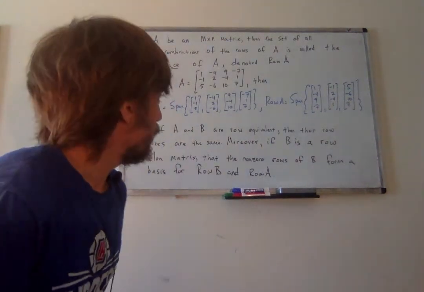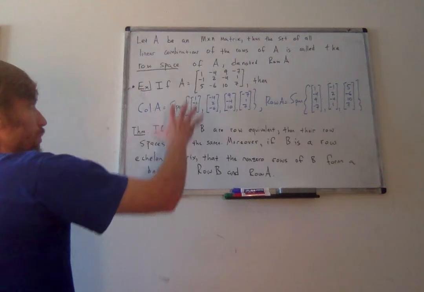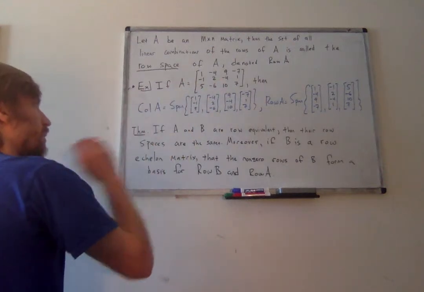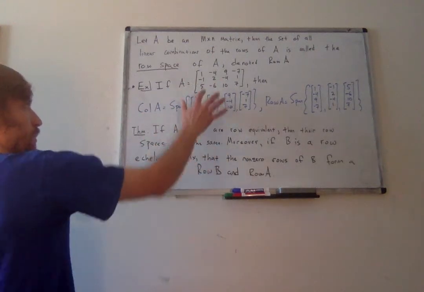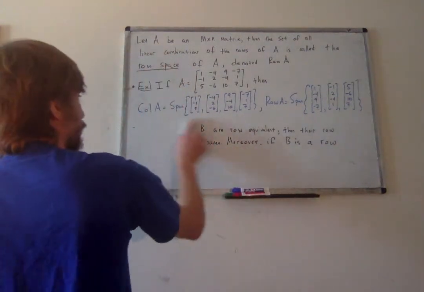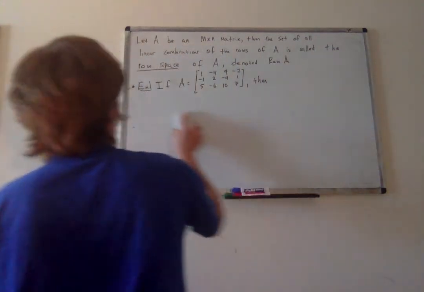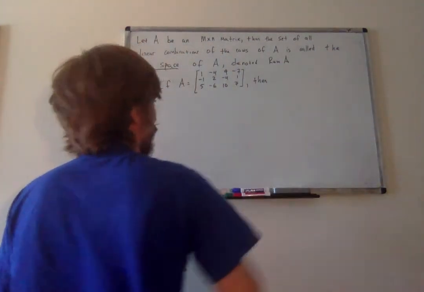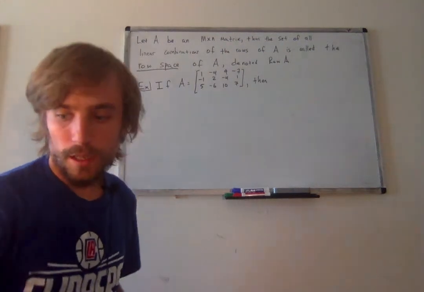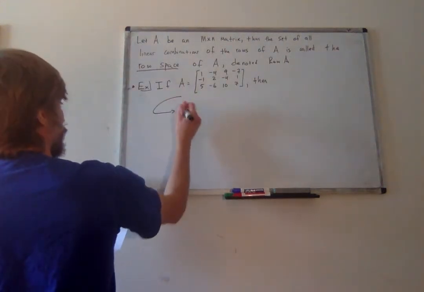So if we want to find a basis for the row space of A, I'm going to erase below this so that I can row reduce A. We're going to need to, by this theorem, row reduce A until we get to a row echelon form. And that row echelon form will give us a basis. In the interest of time, this is a couple steps of row reducing.